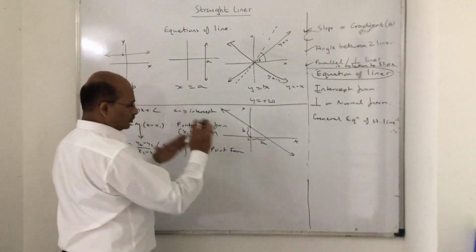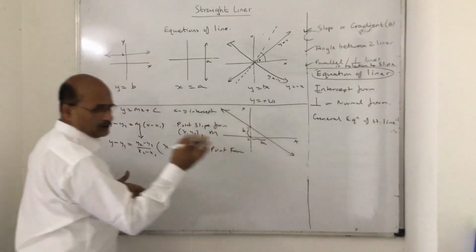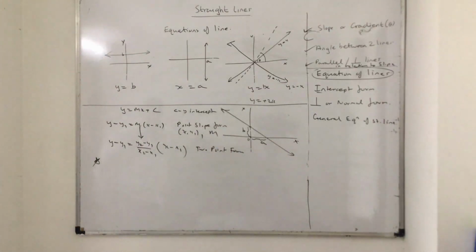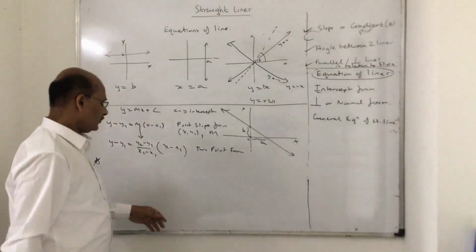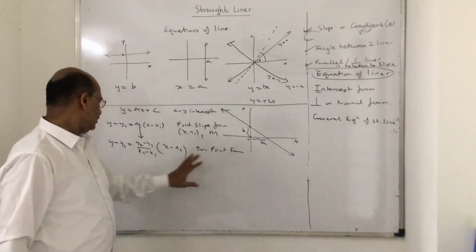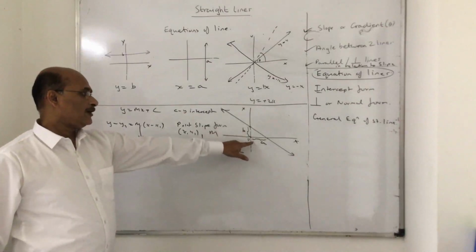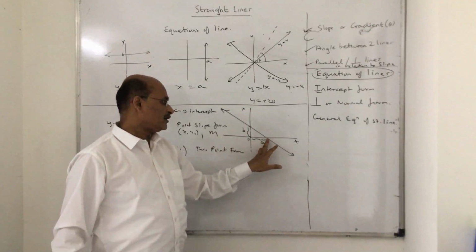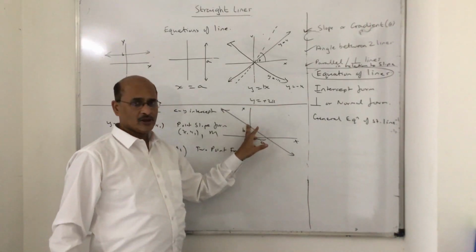Now suppose they don't give you the slope, they don't give you x1, y1, then what I can do is use the intercept form if I know the x-intercept and y-intercept. Here you see the coordinates are a comma 0 and 0 comma b.